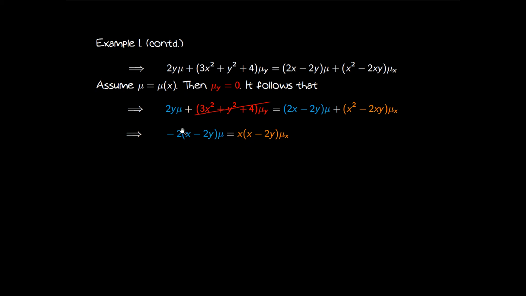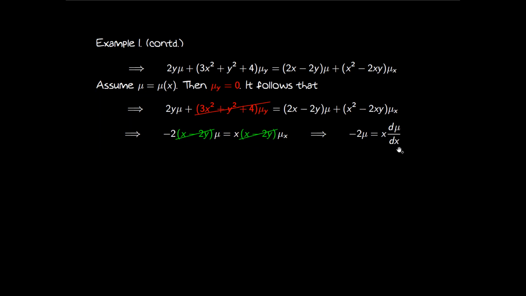Basically, we factor the -2 out, and the left-hand side is going to be negative twice of x minus 2y times mu. And then for this term, we can factor the x out, and we also get a factor of x minus 2y. So understand this can be canceled, and we end up with the equation of mu and x.